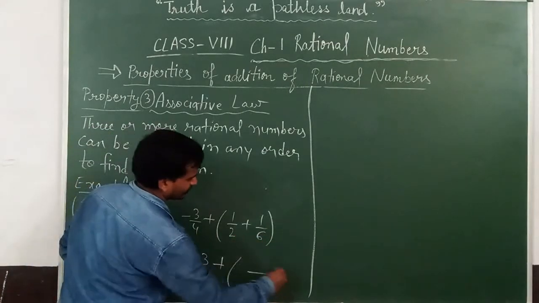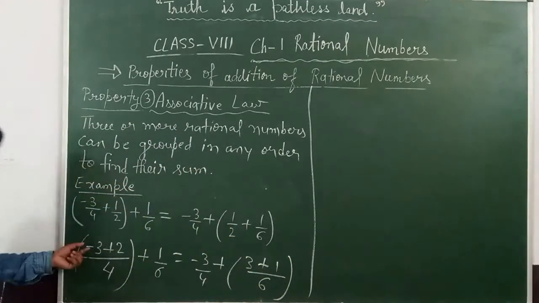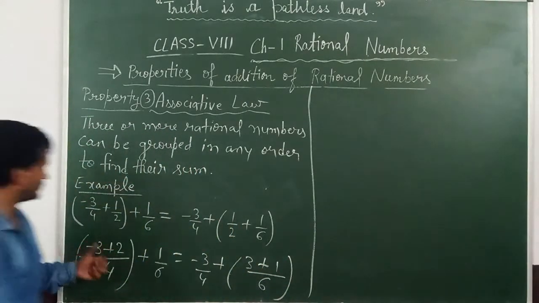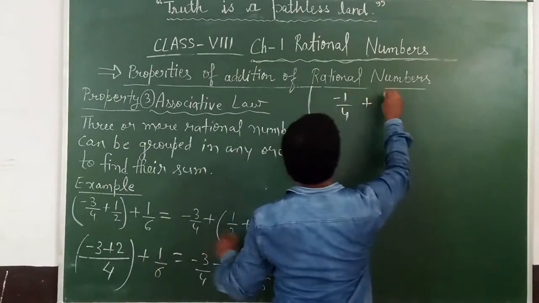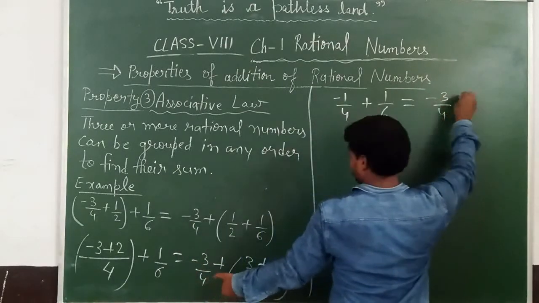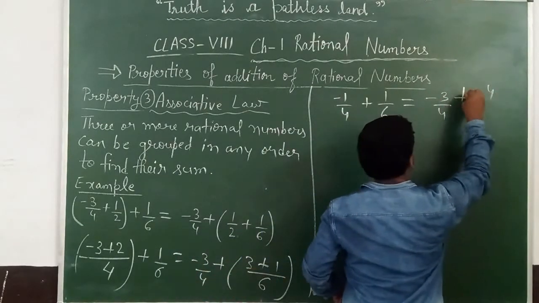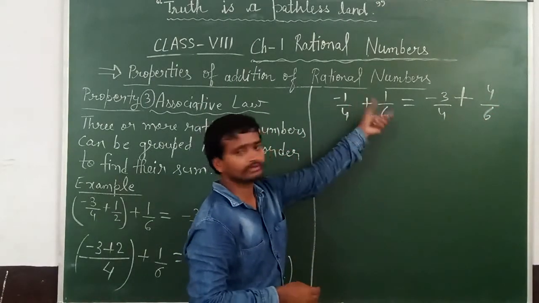LCM of 2 and 6 is 6. Now, minus 3 plus 2, minus 1 plus 1 upon 6. Here, minus 3 upon 4 plus 4 upon 6. Now we will solve this.